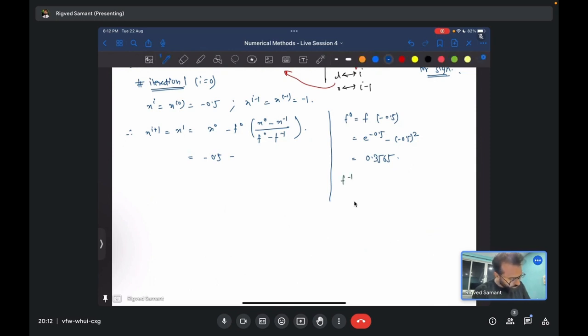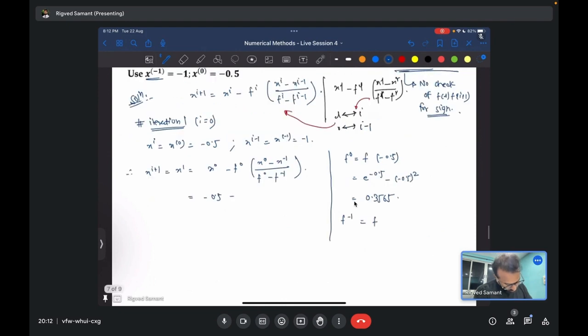F of minus 1 is, e raised to minus 1 minus 1 square, minus 0.6321.